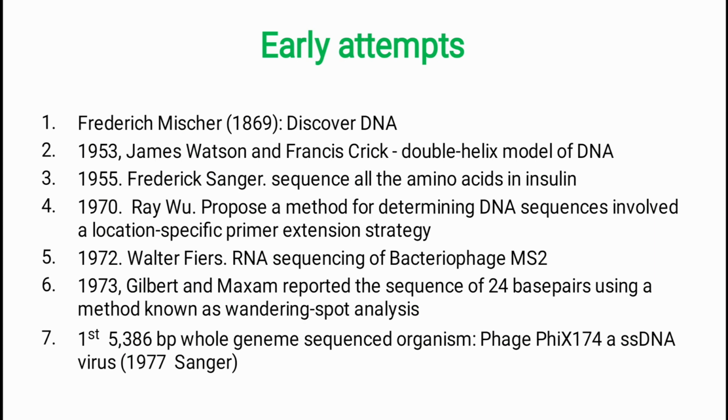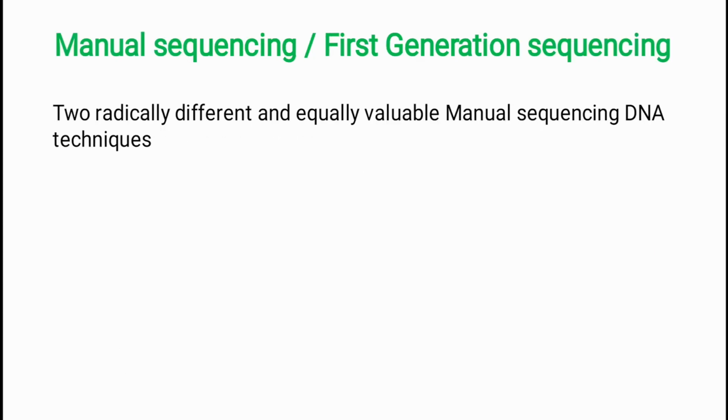The first DNA sequencing was achieved by Sanger in the year 1977. He sequenced bacteriophage phiX174 containing 5,386 bases, the first generation sequencing method.